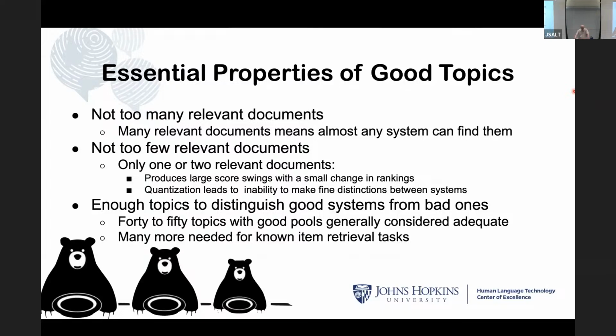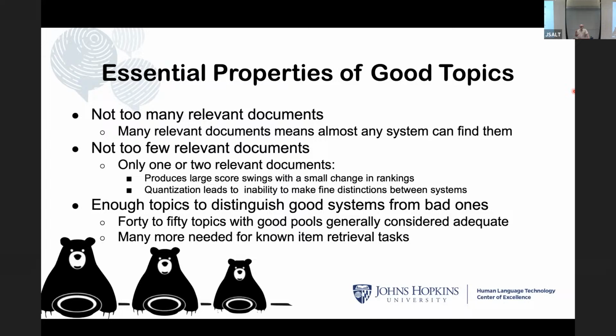You also don't want too few relevant documents, because if you have very few relevant documents, small changes in the ranking can produce large shifts in your score, right? A system that ranks this relevant document in first place compared to a system that ranks it in second place, the first place is probably, given your evaluation metric, going to look way better than the other one, when really there's not that much difference in them. There's just one position off, right?